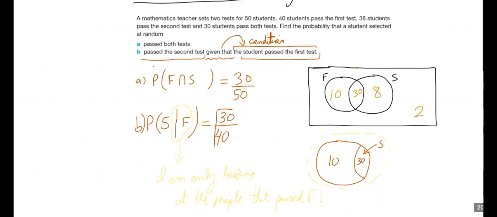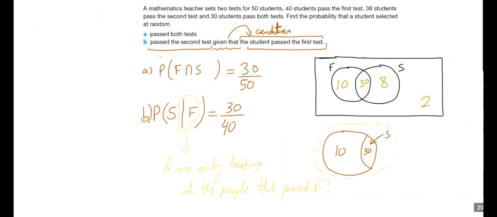Okay? Do you understand this? Okay. There is a formula for conditional probability, but I'm not sure if you're supposed to know about that yet. Let me see. Okay, now you're not supposed to know about it yet.